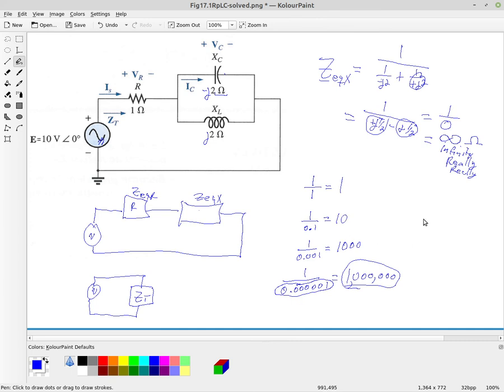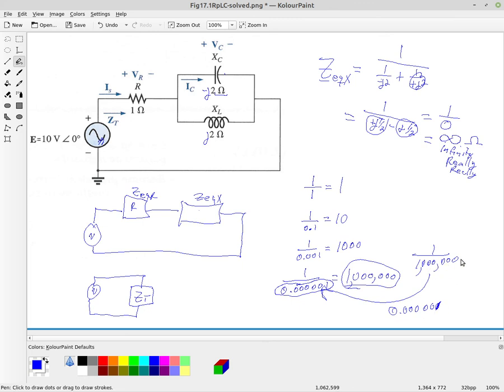If we go the other way, if we have 1,000,000 and we divide 1 by 1,000,000, then we are left with 1 micro.